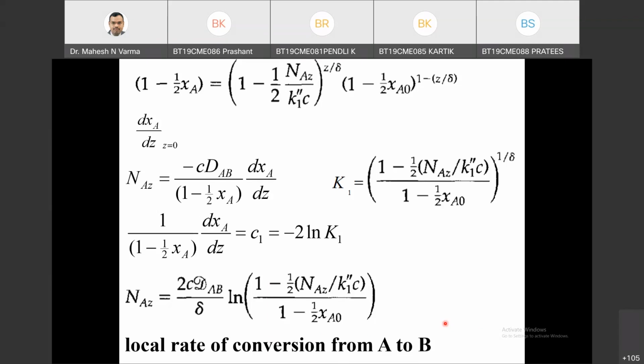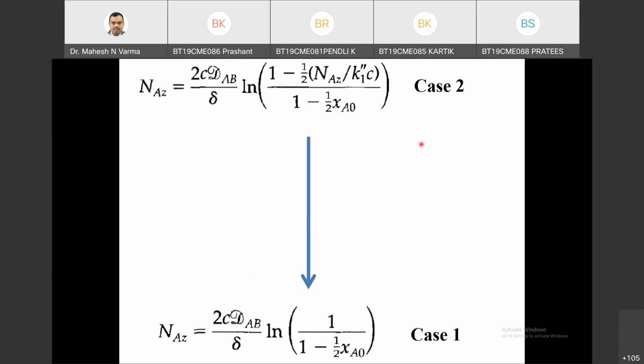It is not giving the rate of conversion at the end. This is case 1, the special case, when the reaction is very, very fast. This is the generalized case, when you have some rate constant of reaction.